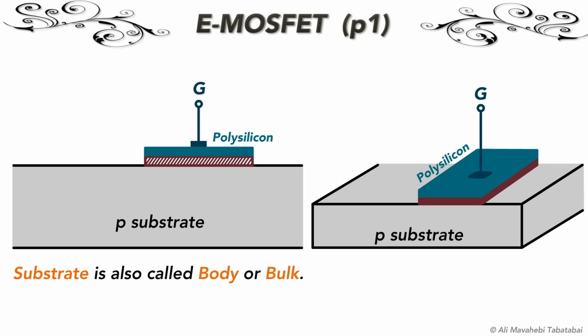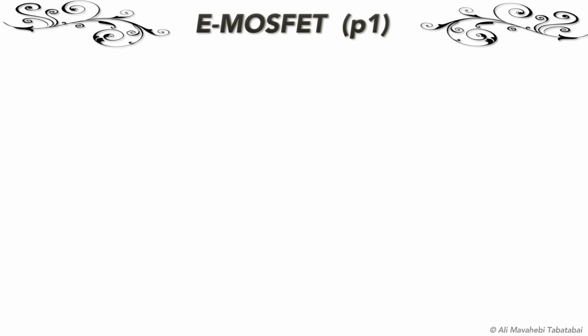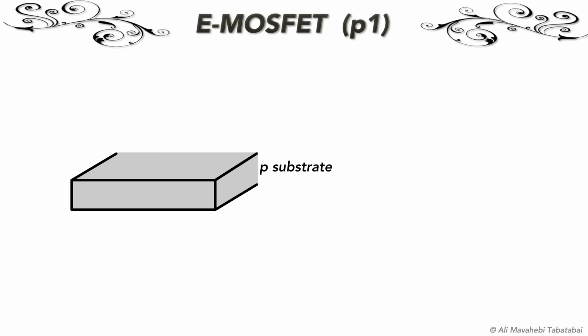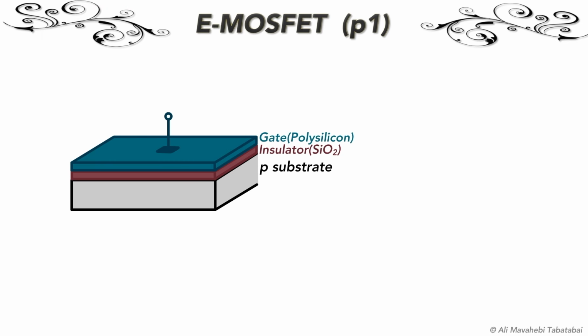To study how the current flows in a MOSFET, let's start from the beginning. Let's assume that we have a p-type silicon wafer or substrate that provides the physical support for our transistor. We add a thin layer of a good insulator such as silicon dioxide on top of the substrate, and on top of this insulator, the gate electrode is placed.